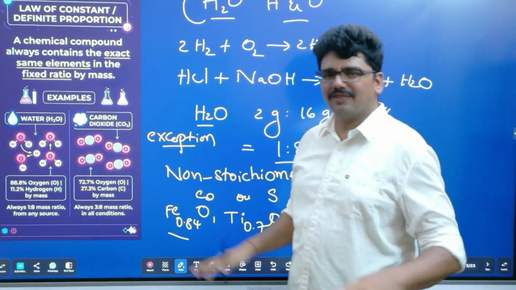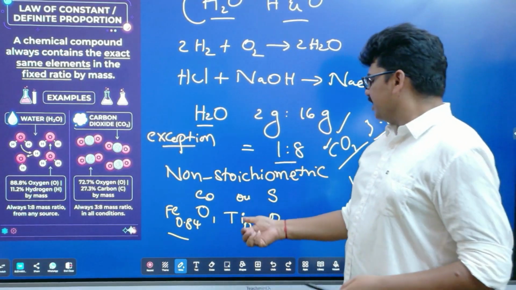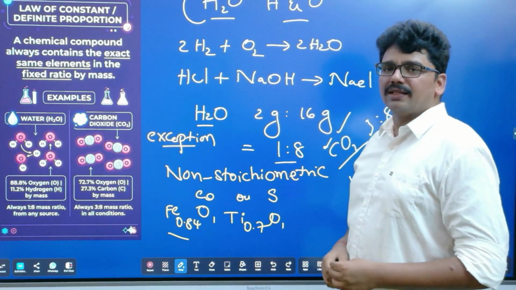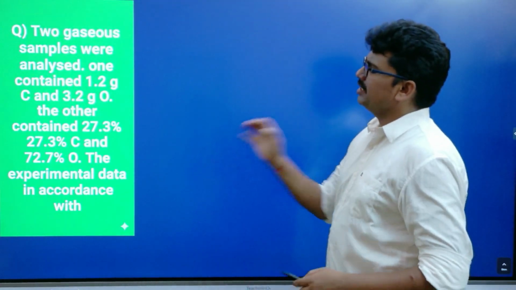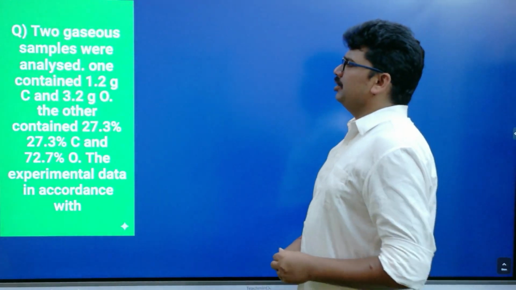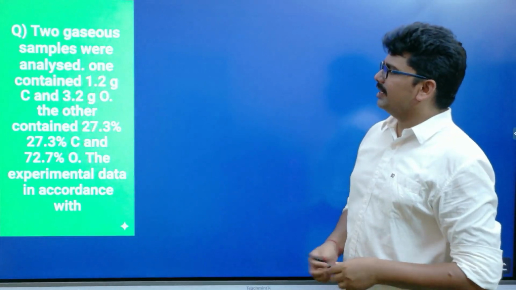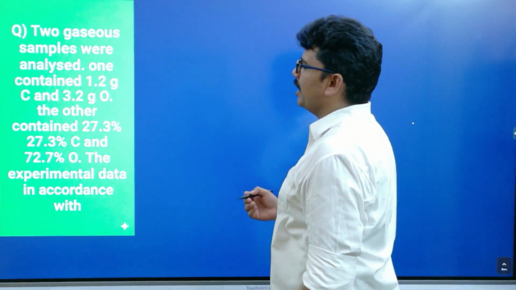They don't follow the laws of chemical combinations. Similarly, Ti0.7O is an exception and it is a non-stoichiometric compound. So based on the law of constant proportion, one important question. Two gaseous samples were analyzed. One contained 1.2 grams carbon and 3.2 grams oxygen.